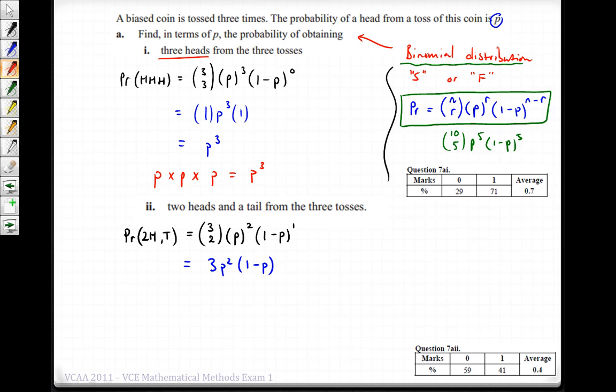Another way you could have thought about it was just the probability of a head, head, tail, the probability of a head, tail, head, and then the probability of a tail, head, head.